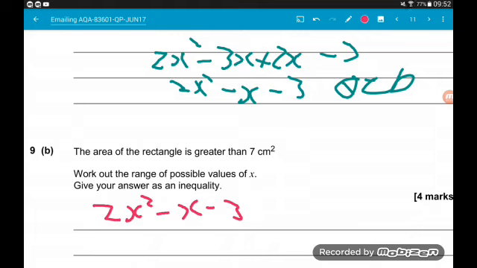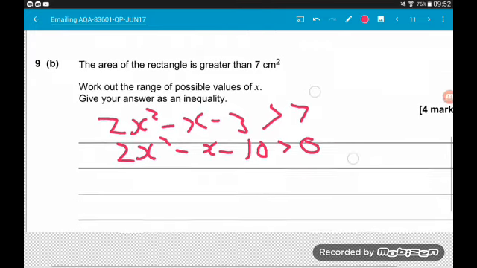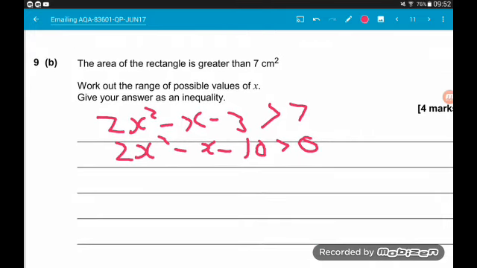Now we know that has to be greater than 7. So if we take the 7 away, we get 2x squared minus x minus 10 has to be greater than 0. So let's now see if we can factorise this bad boy.